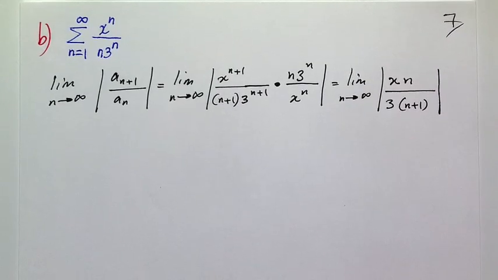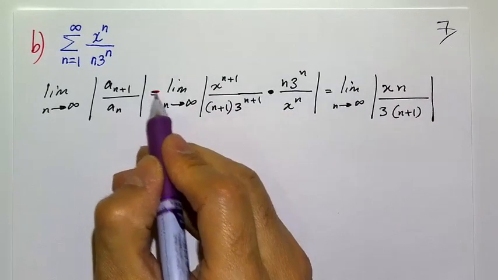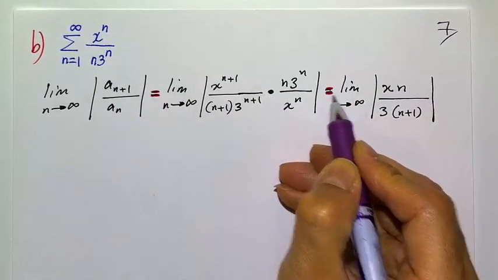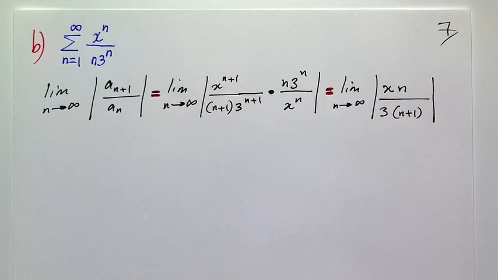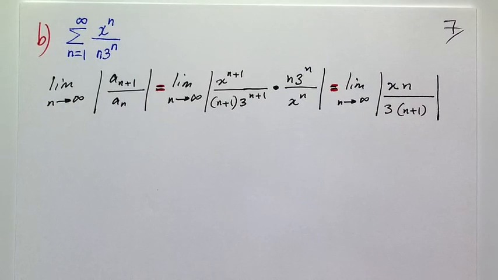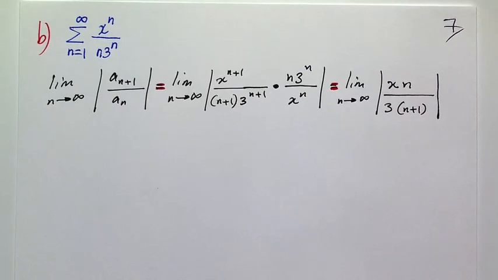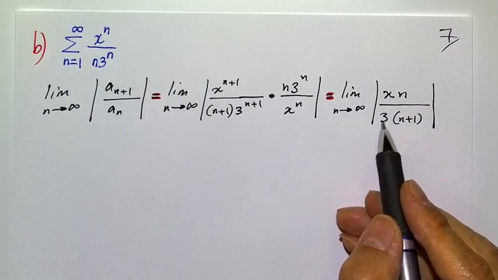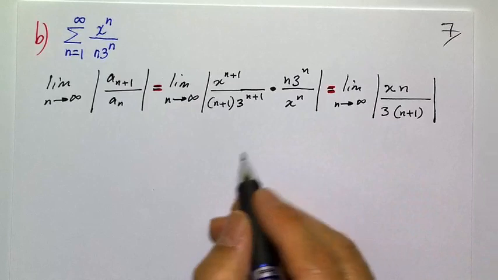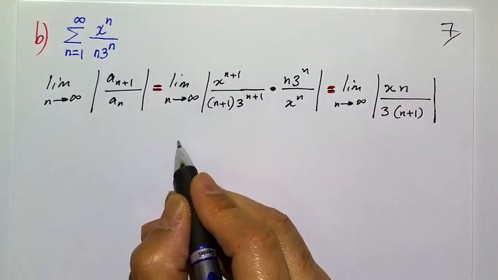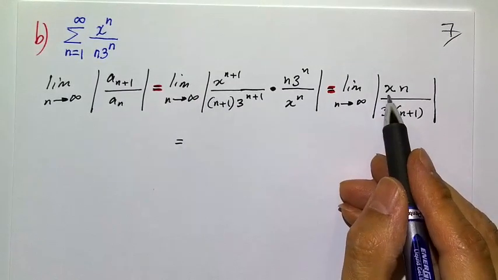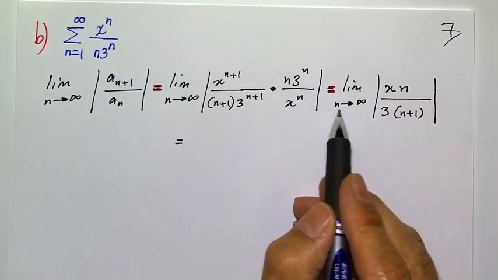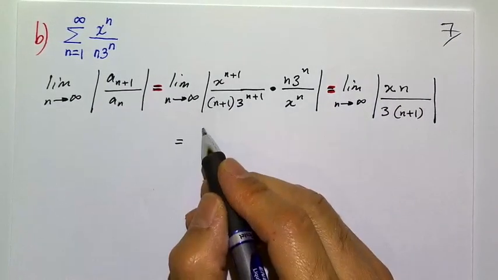Again, I don't want this to be too cluttered, so these are just equals. Maybe I should have written them in red ink. Okay, so then we can simplify this a little more. The x can come out because the limit applies only to those terms that have n going to infinity.